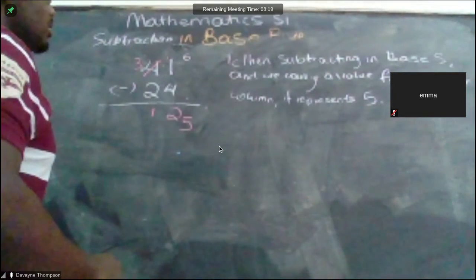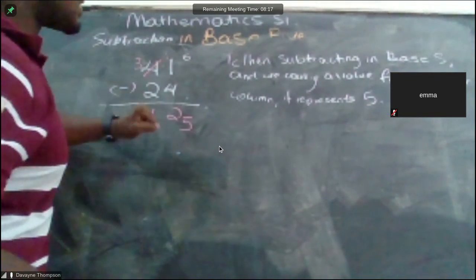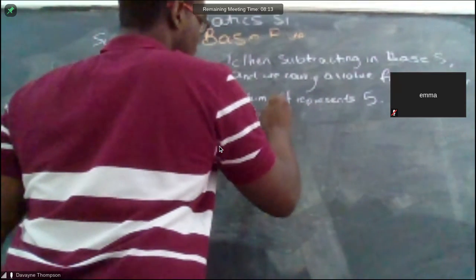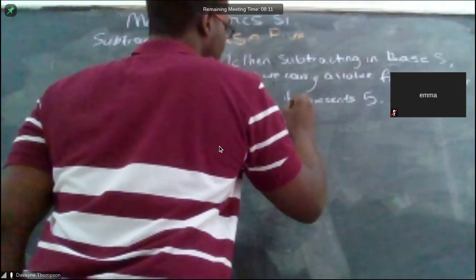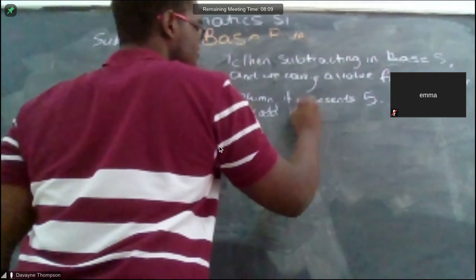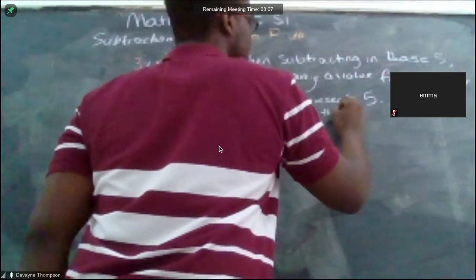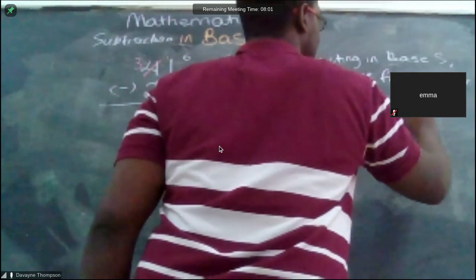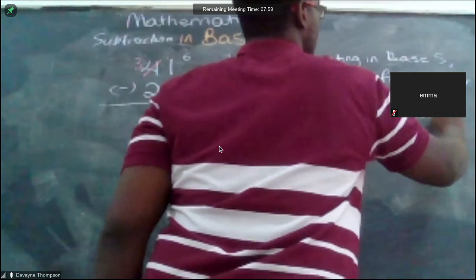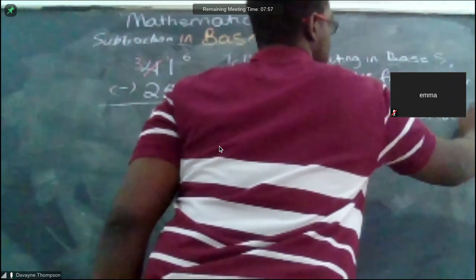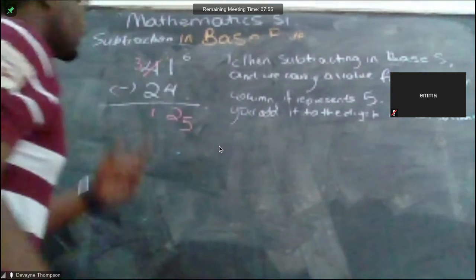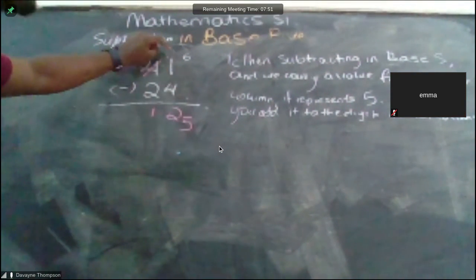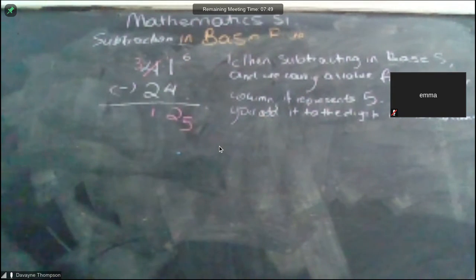Okay? Then when it represents 5, you add it to the digit in that column. So in other words, if you carry that 1 to the column here, it's going to be 1, 1, which is really 5 plus 1. Clear?